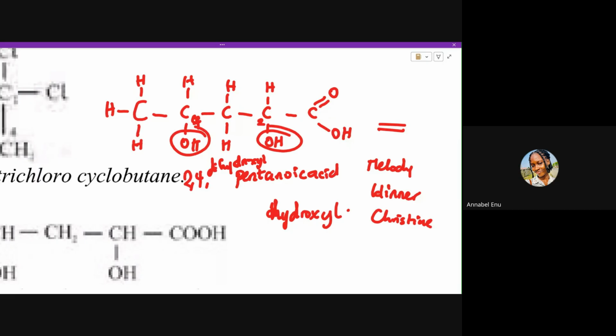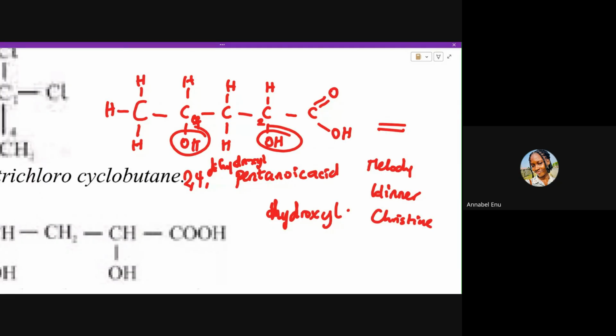So when it is not the major one, like in this case, pentanoic acid is the one of more priority. When it's not of more priority, it's going to be a substituent. So we are not going to call it alcohol. We're going to call it hydroxy. We can't call it diol. It can only be called -ol when it's the parent, when it's performing as the main functional group.